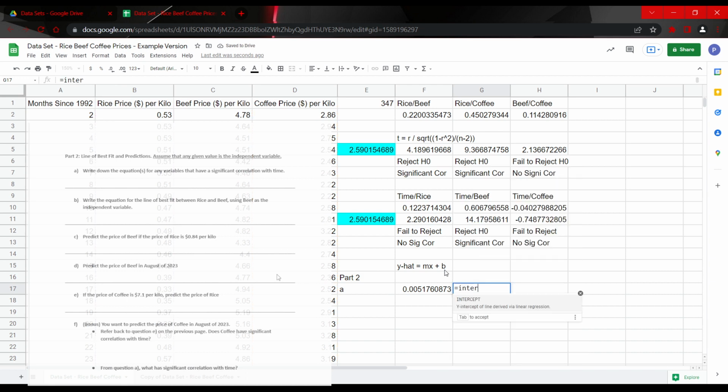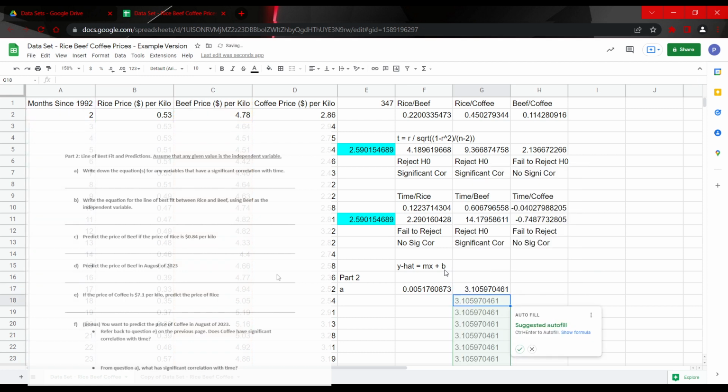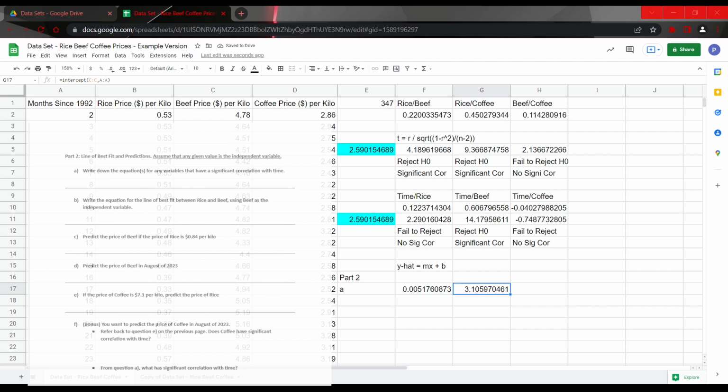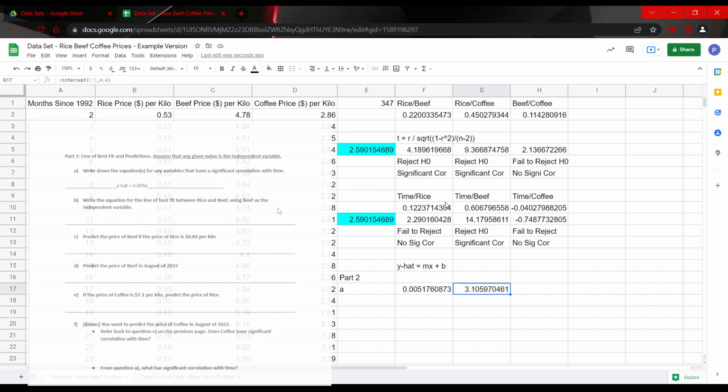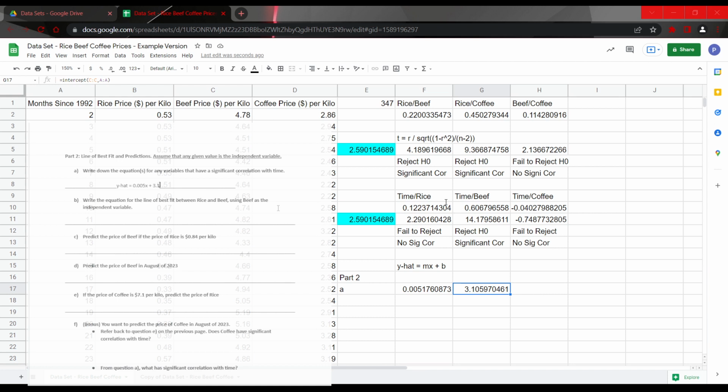Do the same thing but use INTERCEPT. So beef and month. And that should give me my slope and intercept. And so in my equation here, I'm going to write y hat is equal to 0.005x plus 3.1. 3.11, 3.10, I'm okay with both.